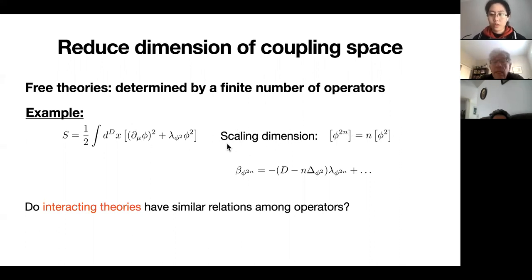For example, the scaling dimension of this composite operator is given as long as the scaling dimension of phi square is given. This means the RG flow around this free fixed point is completely determined by the beta function of the source of the fundamental operator.